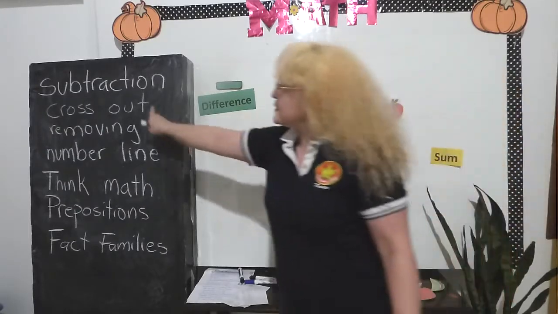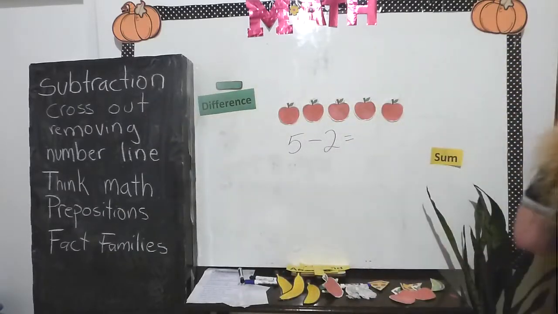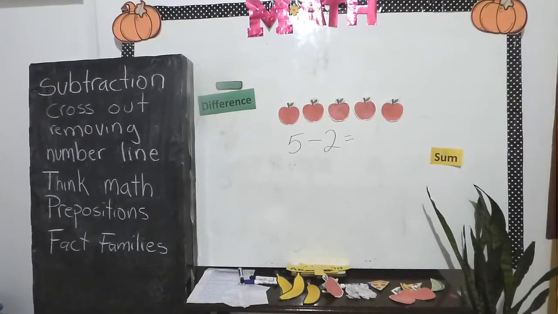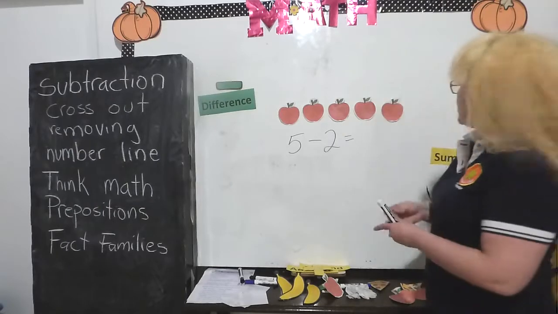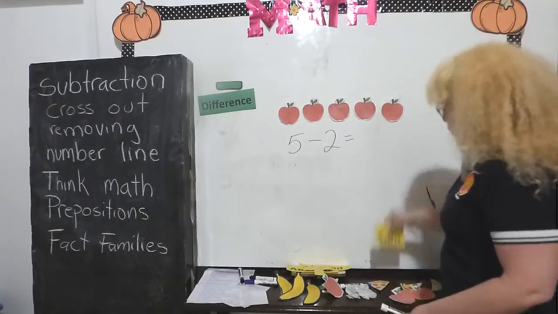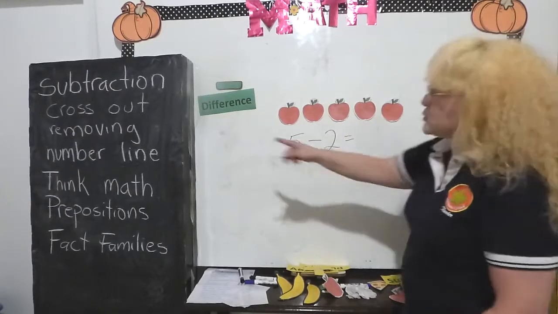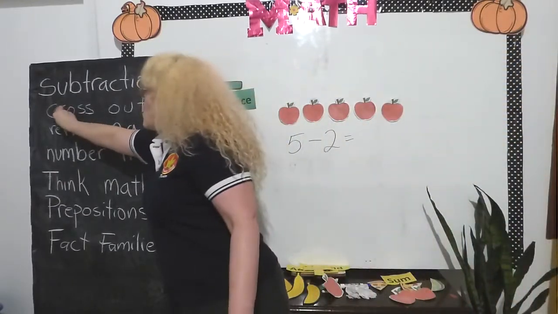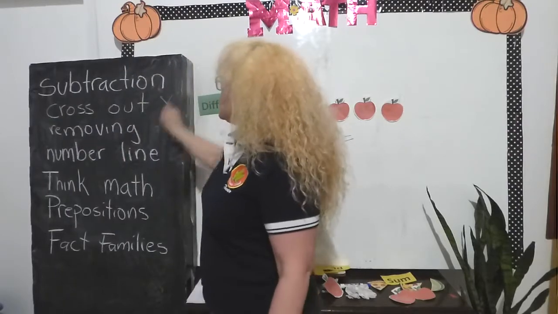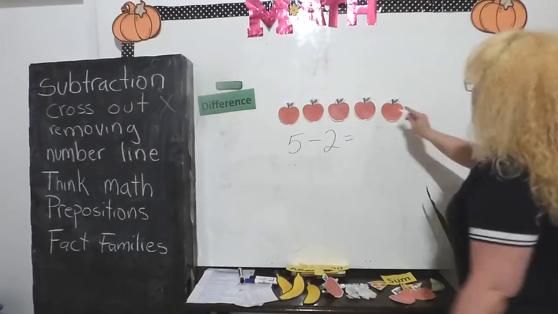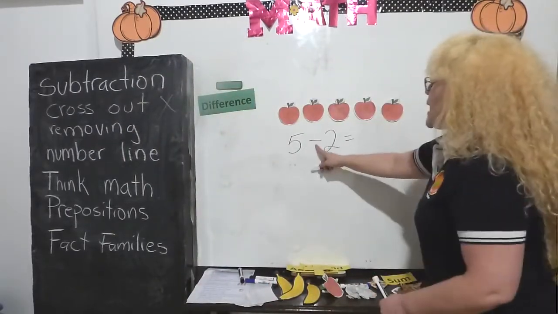The first one is crossing out. So what do I do? I have my apples here and I have to find the difference and I am going to cross out. Read this. Cross out means to put an X. That's it. Okay, so 5 minus 2.